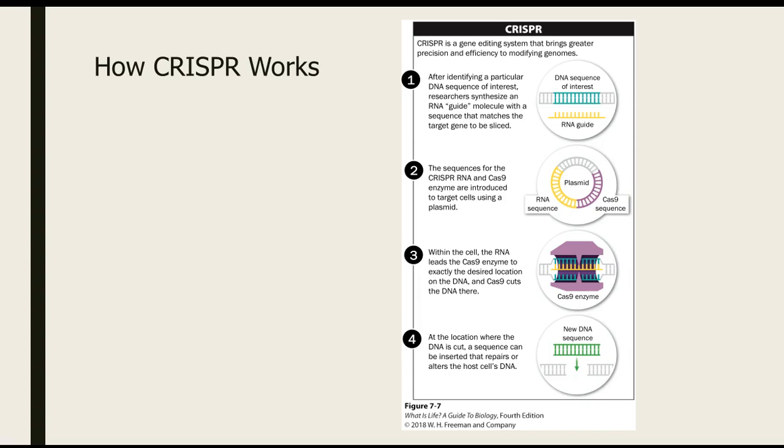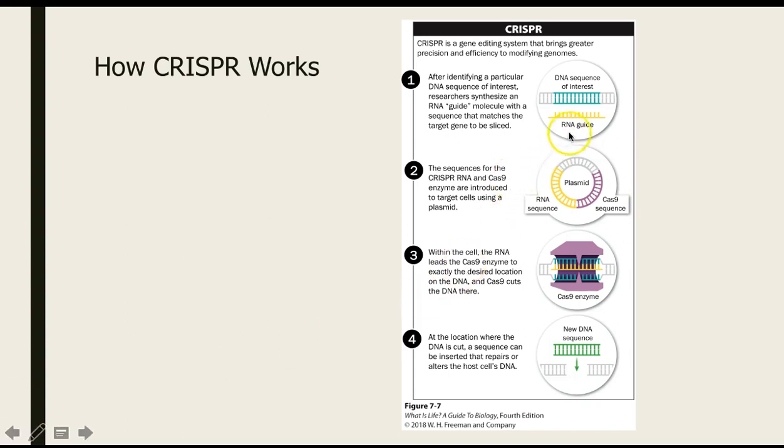So how does CRISPR work? Let's take a close look at this. We've got this gene editing, and it's actually pretty straightforward, even though it's totally newly discovered in the last 10 years. Let's say that we want to identify this DNA sequence of interest. Again, maybe you've got a defective gene, maybe you've got cystic fibrosis, and we're trying to cure cystic fibrosis.